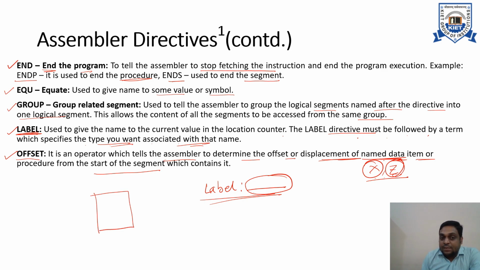Means if this is a segment and X is located here in this particular segment, then the offset directive is used to locate this. Let there be an address 2000, the starting address is 2000 and X is located over here. So the offset directive is used to find which address X lies on. This is the meaning of this assembler directive.